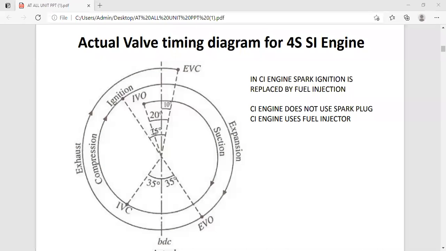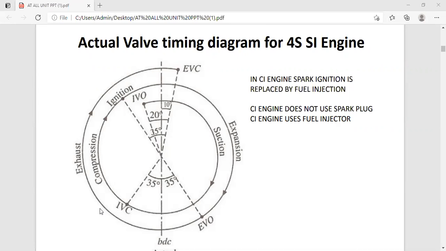If you observe, the inlet valve opens 20° before TDC and closes 35° after BDC. When the piston reaches the BDC and starts the compression stroke, the charge continues to move into the cylinder due to its kinetic energy.